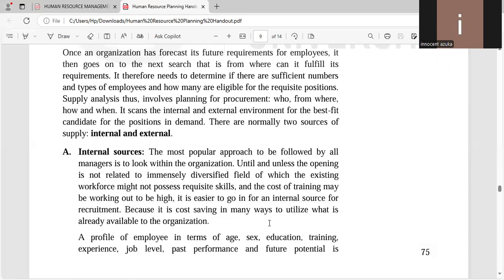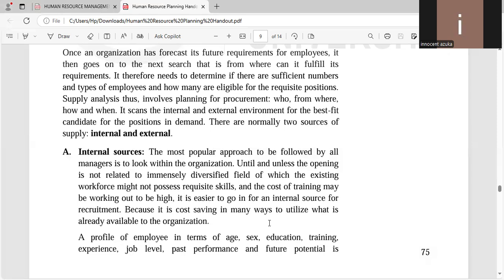Internal sources: the most popular approach followed by managers is to look within the organization, unless the opening is in an immensely diversified field for which the existing workforce might not possess the requisite skill and the cost of training may work out too high.